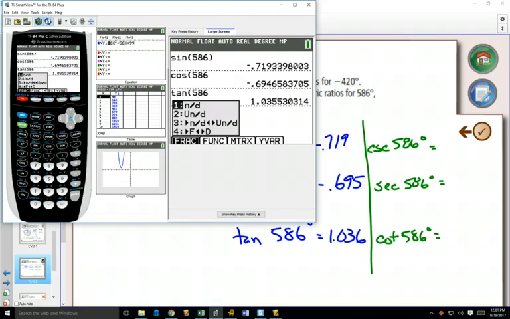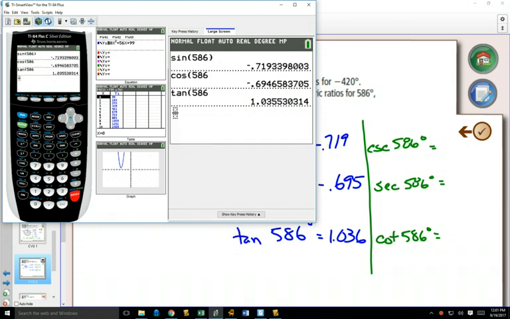And the very first one, n over d, if you push enter, it actually sets up a fraction, which is really nice because now you can type things in the top of the fraction, the bottom of the fraction, and not have to remember adding extra brackets. Life will be easier. You'll make less mistakes. So I'm going to go 1 over, and I'm going to write sine of 586. And I get negative 1.390.